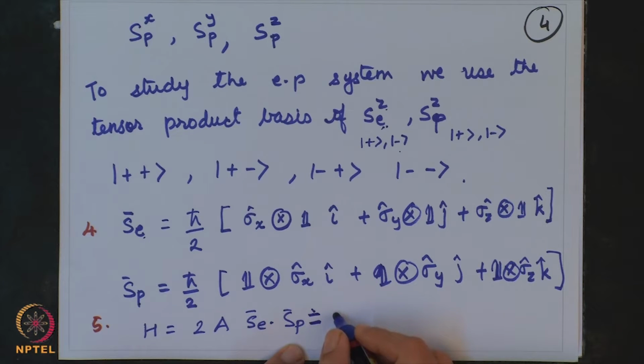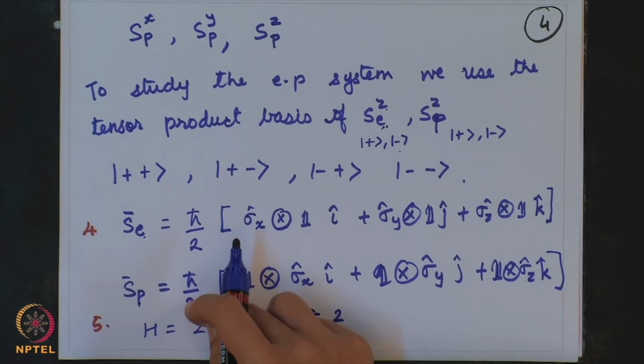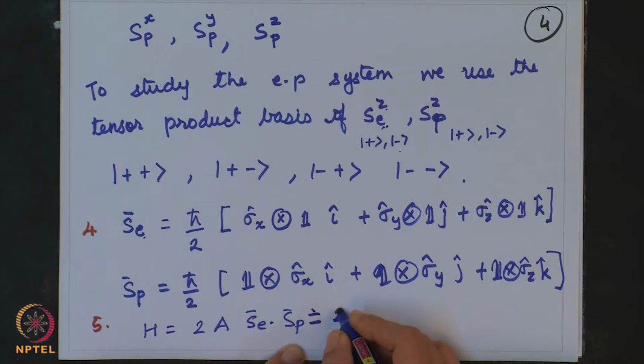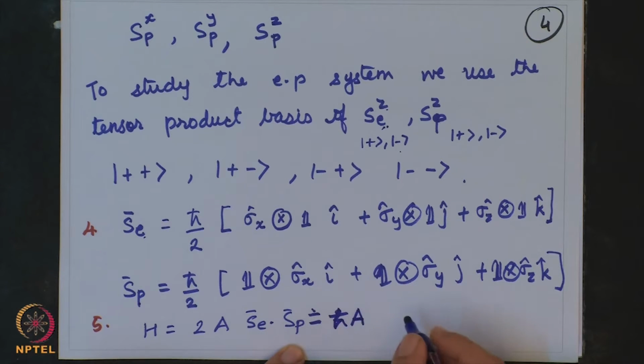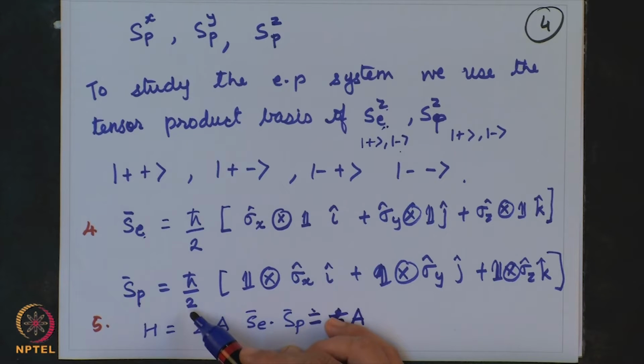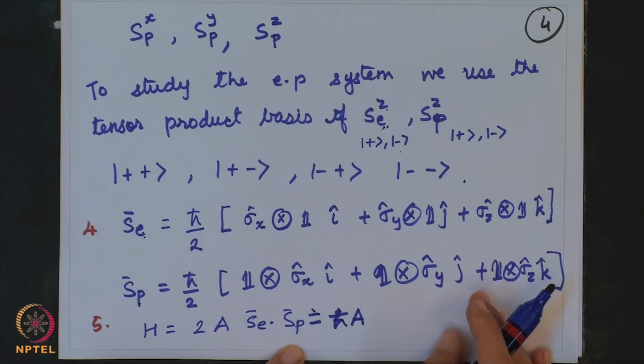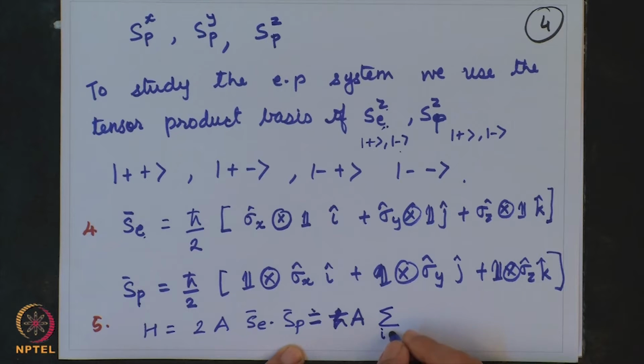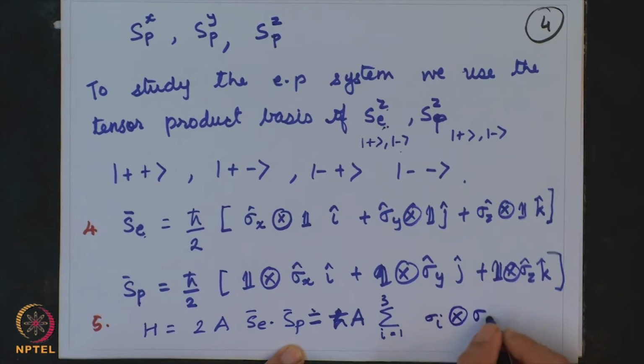This will give you, so this will be 2 and this will be half. So this 2 will go away. I will have just h cross A. Okay, this will be h cross A, alright, and this term I can write in terms of a summation, i equal to 1 to 3, sigma i cross sigma i.